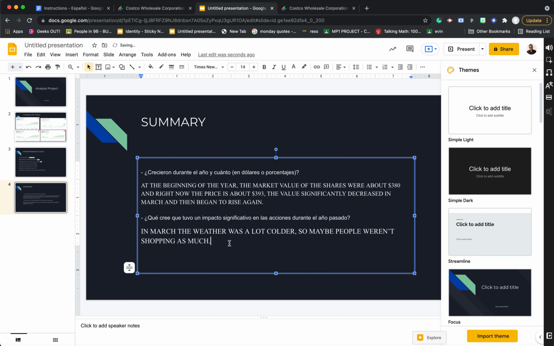Or if you want to relate it back to what's going on in the world, people are struggling to buy items because of COVID. So this is just one sample.